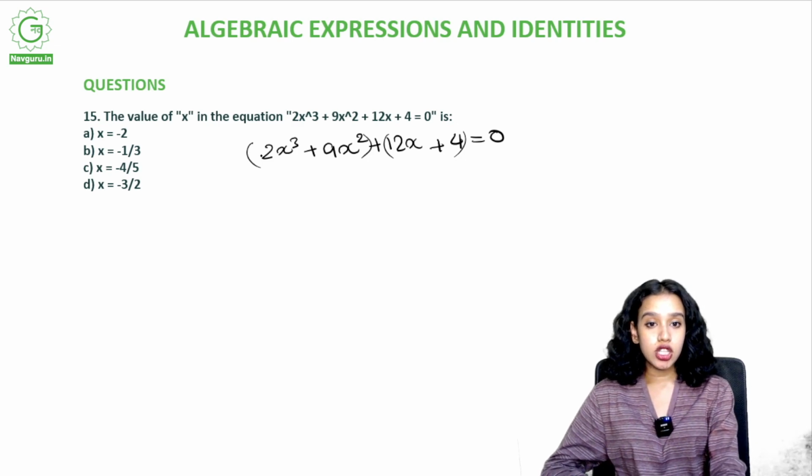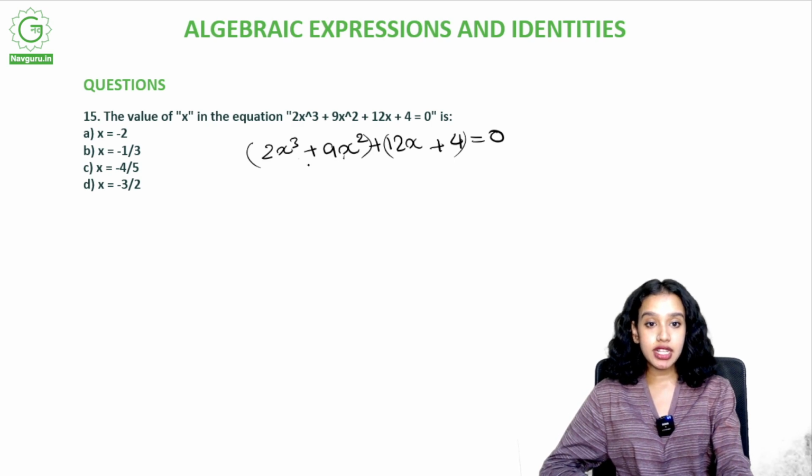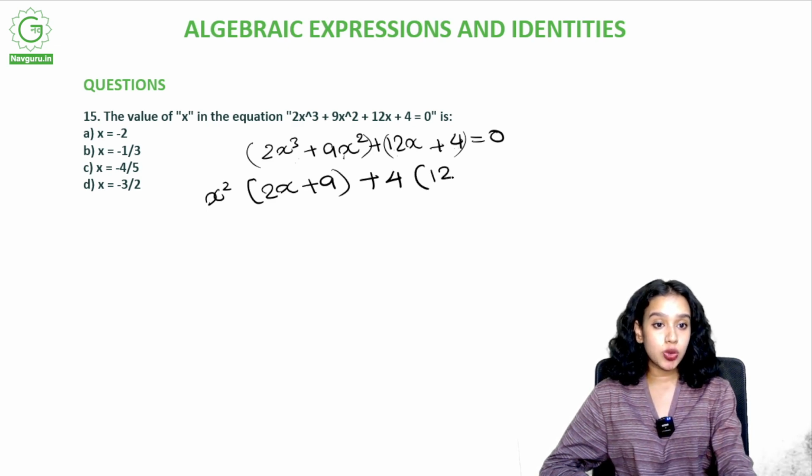From the first two terms we could take x square as common and we'll get x square into 2x plus 9 plus, from the other two terms 4 is common, so I'm taking it out and we'll get 12 by 4 is 3, plus 1, 3x plus 1 is equal to 0.